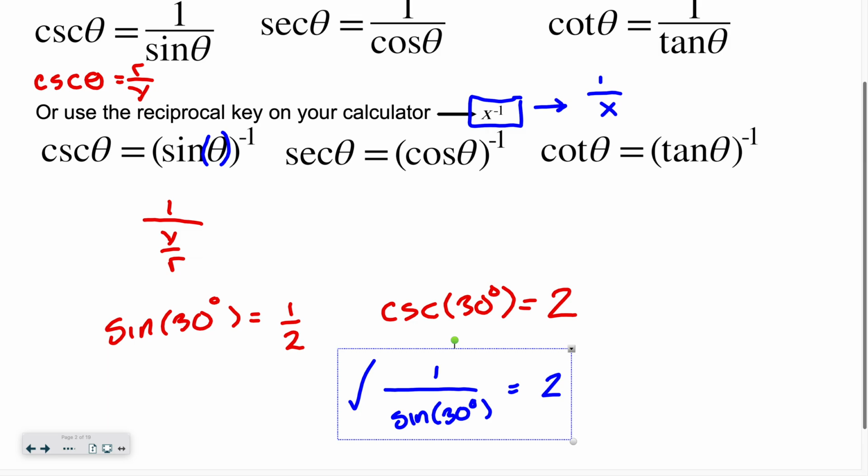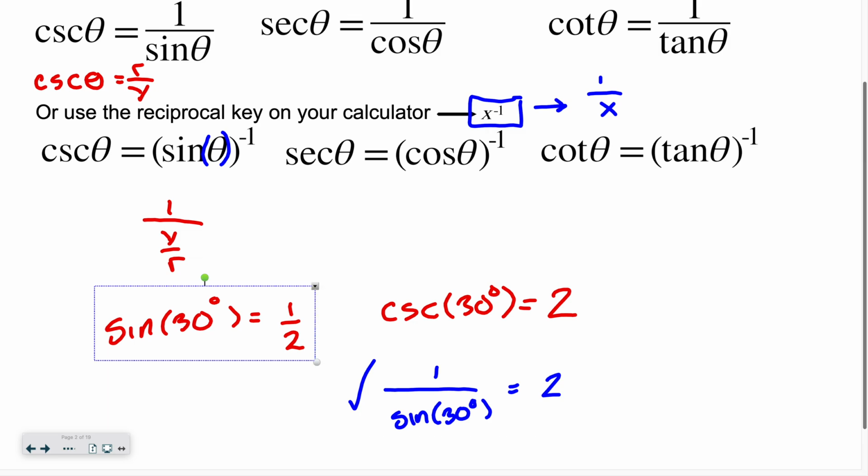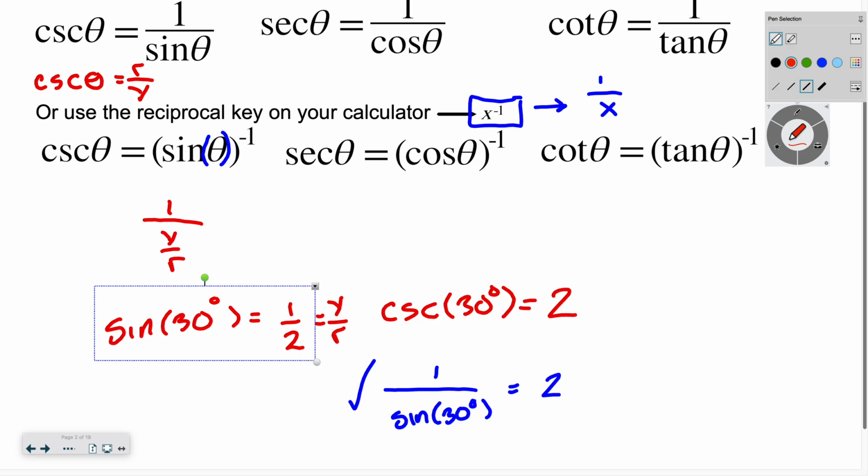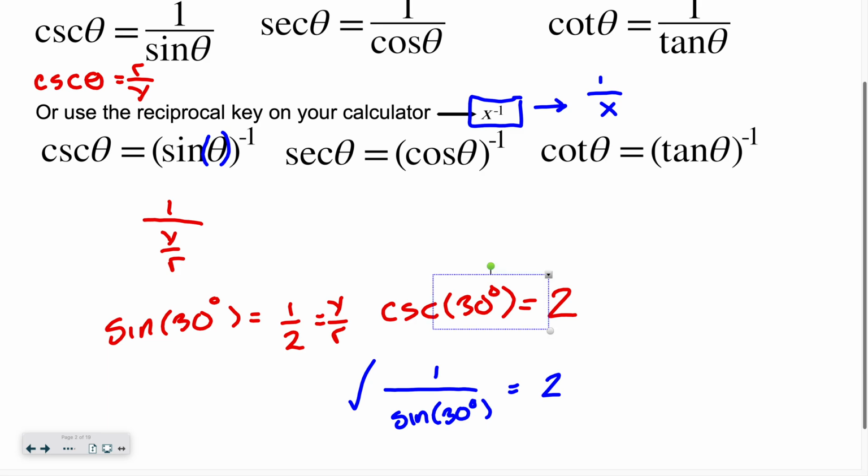That makes sense because the sine of 30 degrees is 1/2, and sine is equal to y over r. So y in this case is 1/2 over 1, the r is 1. If we take the reciprocal of that, we end up with 2, which is what we're looking at right here. So this is just verifying that.